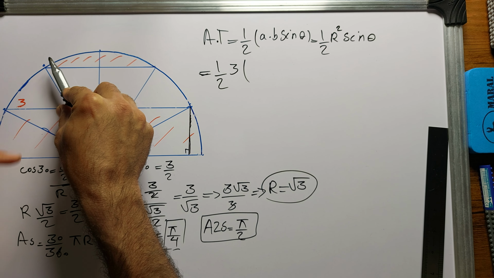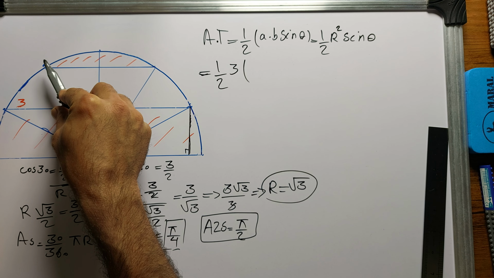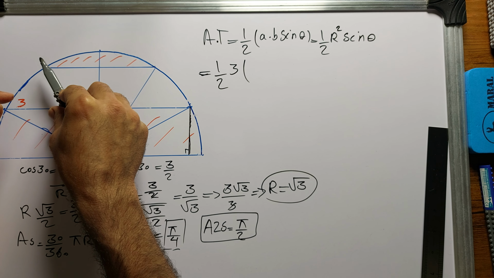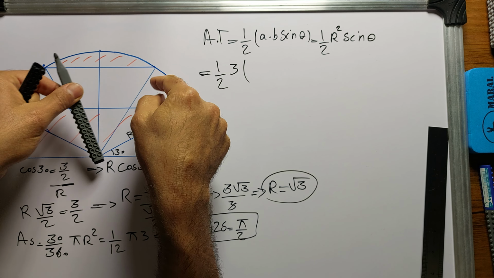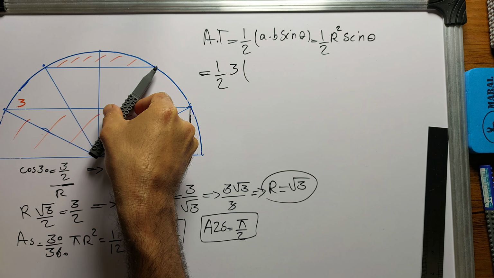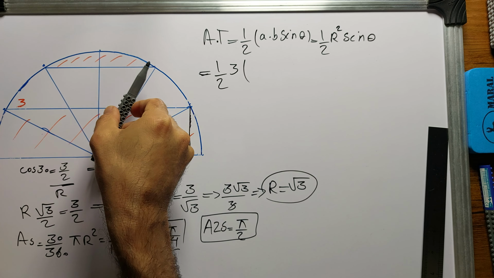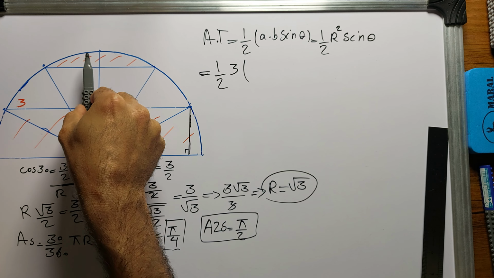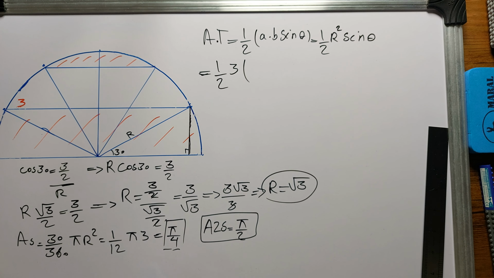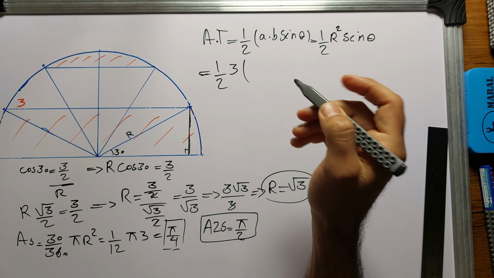But the sine is still positive because the y's are positive in the second quadrant. So the sine of 120 degrees is the same as the sine of 60 degrees, right? This is the y of 60 degrees, the sine of 60 degrees, the same as the sine of 120 degrees. And we know that the sine of 60 degrees is square root of 3 over 2.